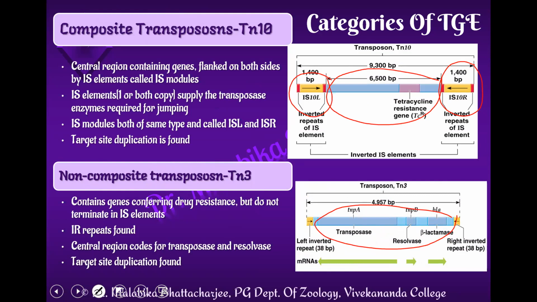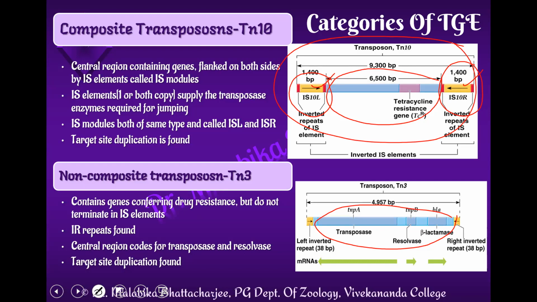The central piece of DNA might not have the transposase gene, but each of the IS elements has the transposase gene, and they can produce a transposase enzyme, as a result of which this whole transposon can jump out from its original location and get itself integrated into a new location in the chromosome.